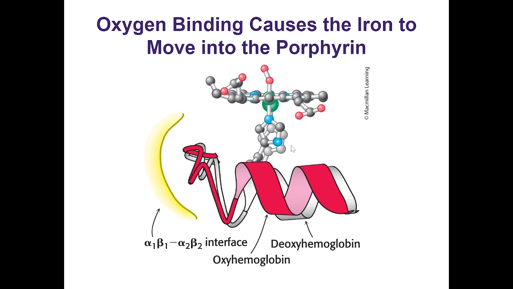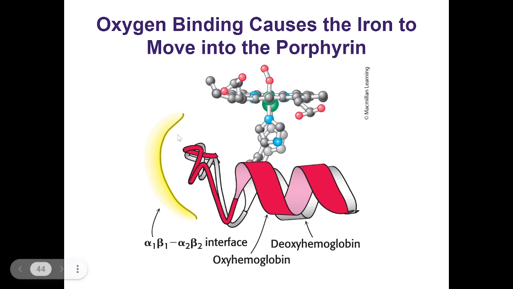So right here, we have our proximal histidine bound to our iron, right? We have abstracted our protein so that we can see this region. Remember, we won't be able to see this region if we looked at the protein. It's big, bulky, and difficult to see through, right?